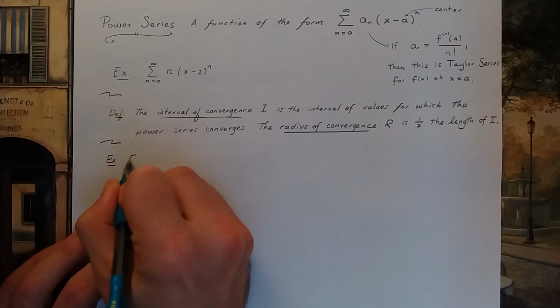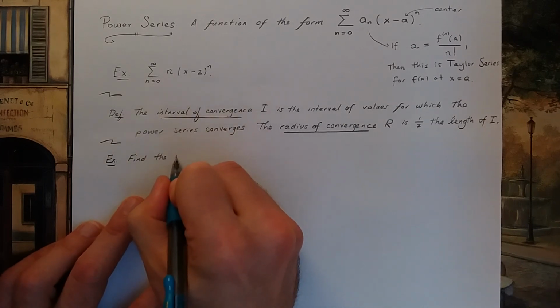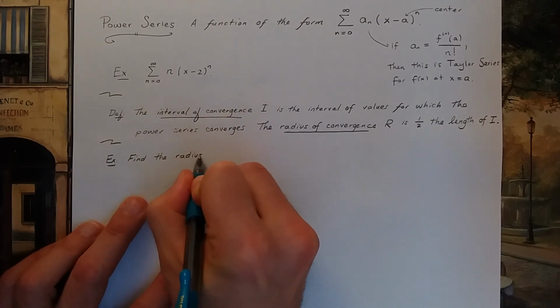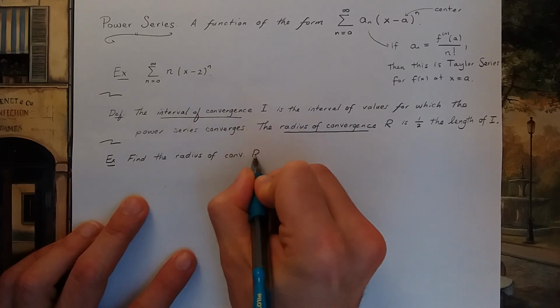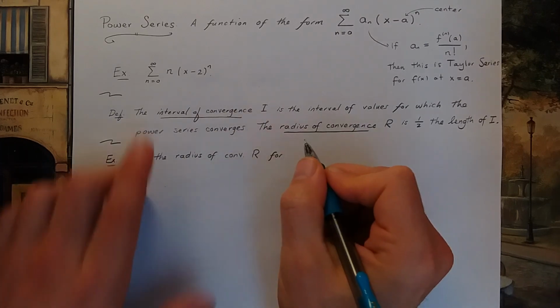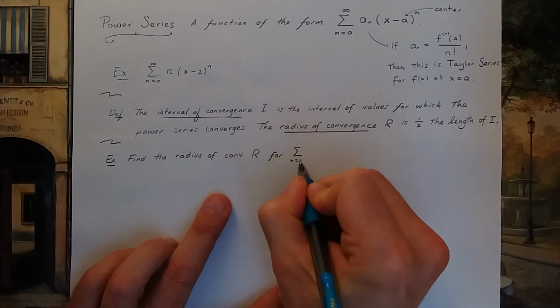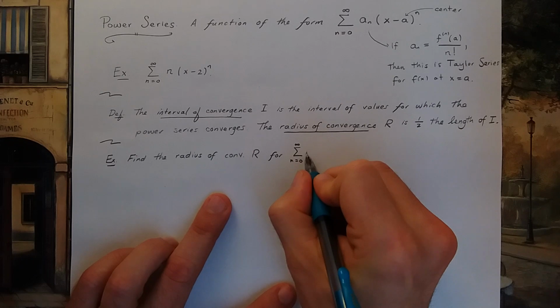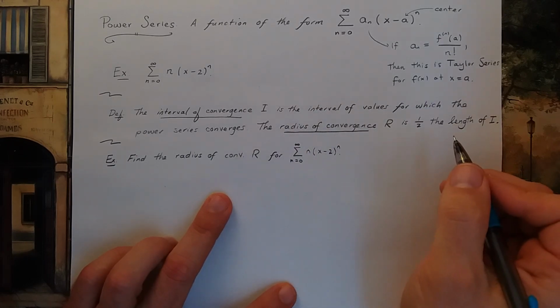Let's find the radius of convergence R. Let's do it for this power series. Why not? So the sum of n times (x minus 2) to the n.